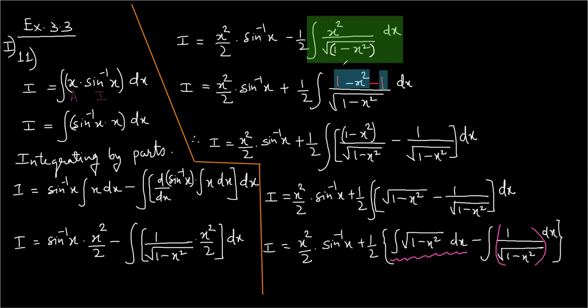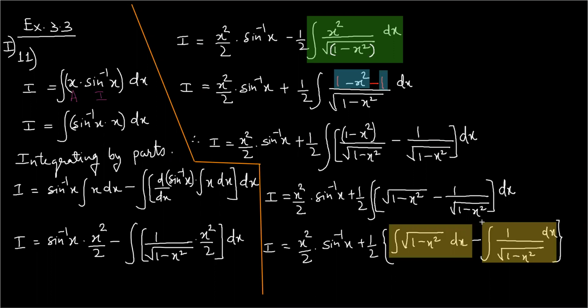So how do I do it? I take the first one as I1 and the second one as I2.